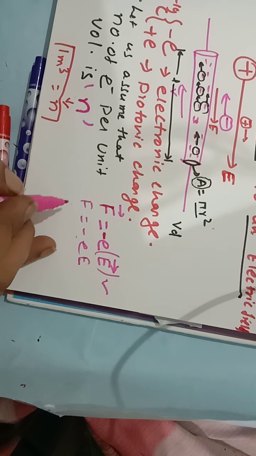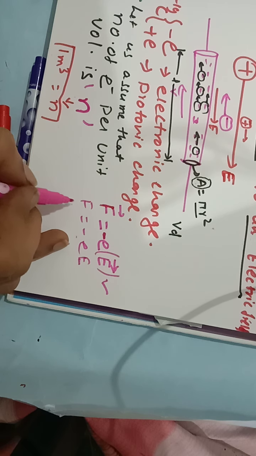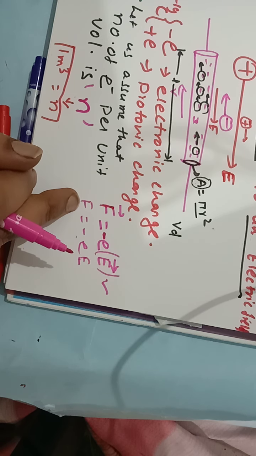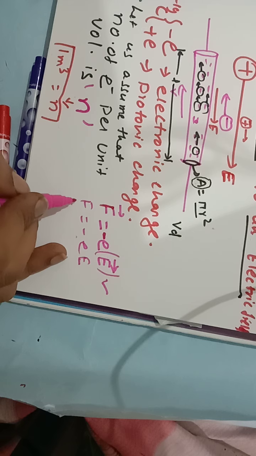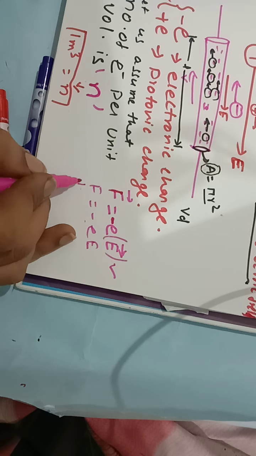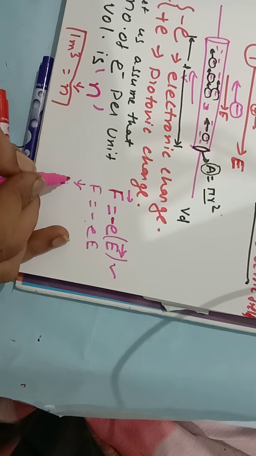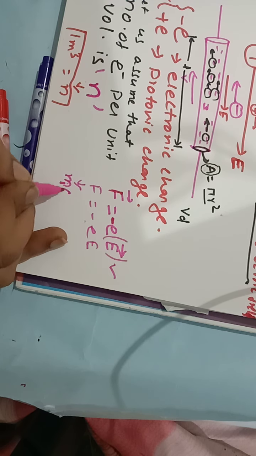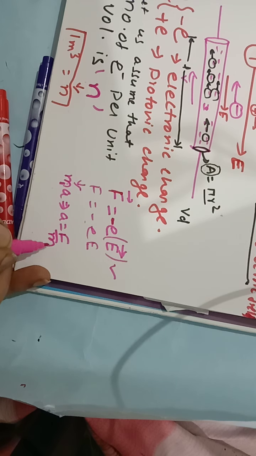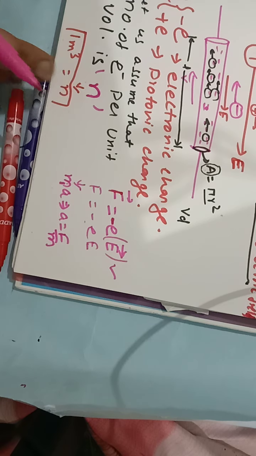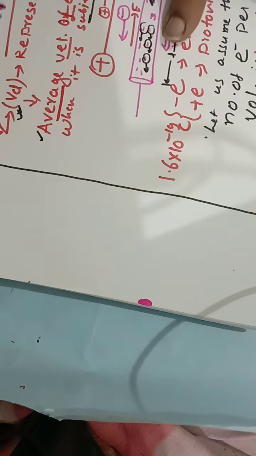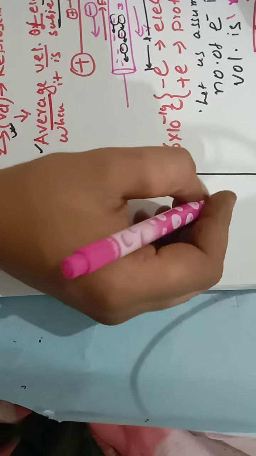Now we know from basic kinematics that since force is applied, there must be some acceleration, because force creates acceleration. So what will be the acceleration? If F is m into a, then a will be F by m, correct?